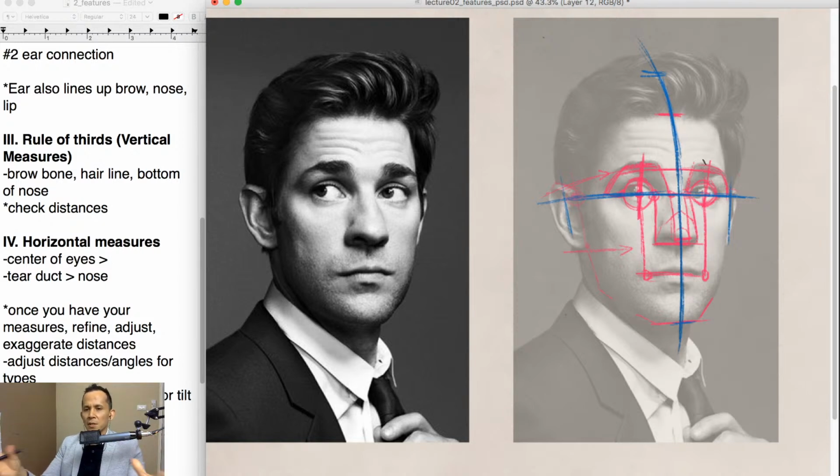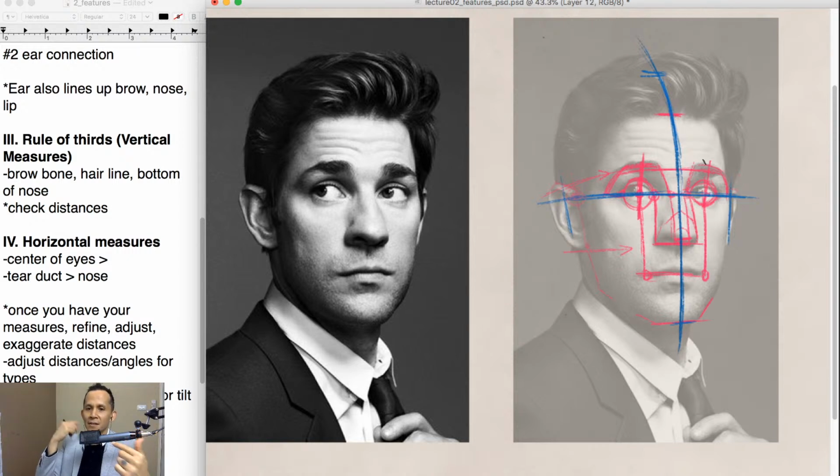But I just want to stress how it's knowing what to look for. There's a lot of information to look for. But for me, when I want to draw heads quickly and accurately, I laser focus on these points. Tear duct, sphere, bone, top plane, keystone, corner of the mouth, right?